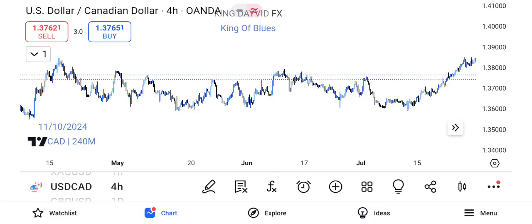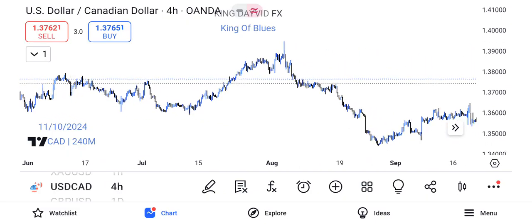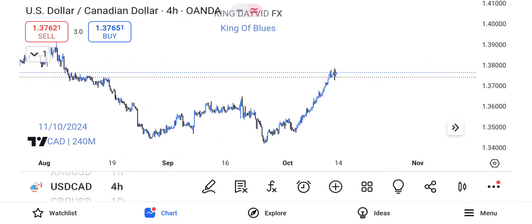So once you open your chart, the first thing you want to do is to identify the market structure, knowing that this is the exact direction where the price is going.